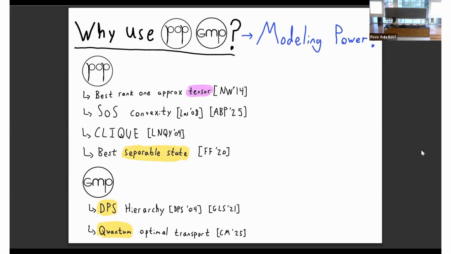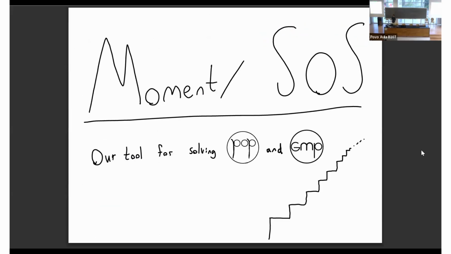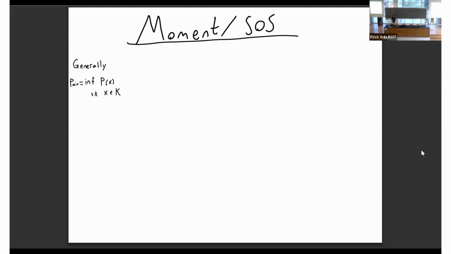Okay, so here's the word tensor and some quantum words. So hopefully this is relevant and now piqued your interest. So let's talk about how we solve these problems, because that's what will make them hopefully useful.